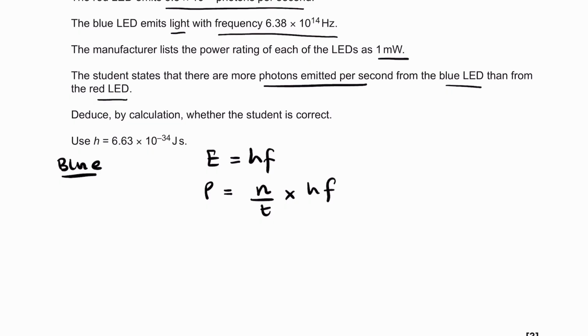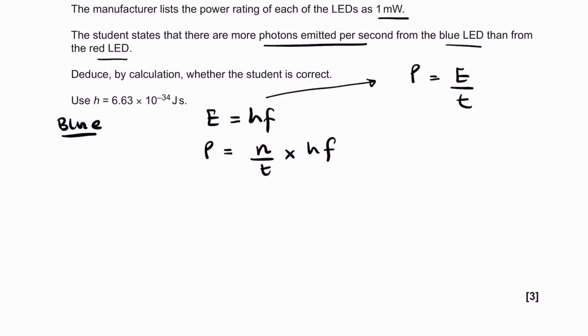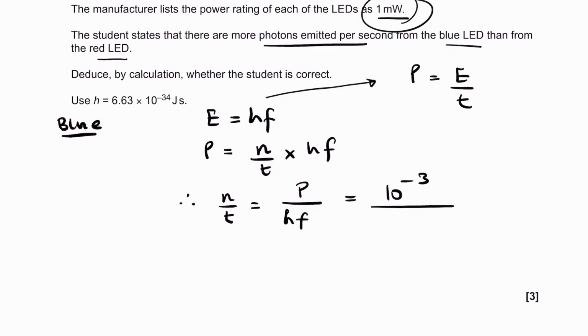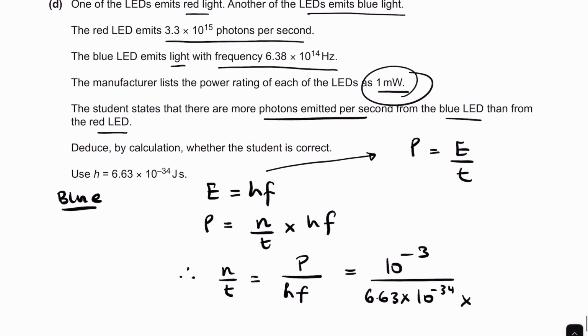If you don't know this, remember that power equals energy over time. What I want is the n over t value. Therefore n over t, the number of photons emitted per second, is the power over hf, which is really simple: 10 to the minus 3 over 6.63 times 10 to the minus 34, times the frequency, 6.38 times 10 to the 14 hertz.